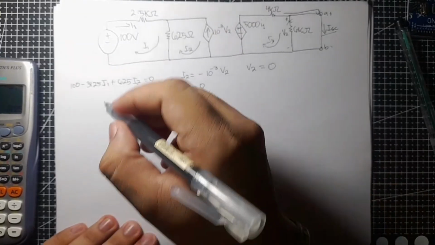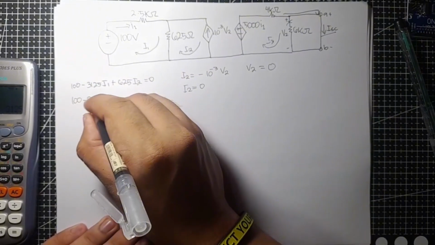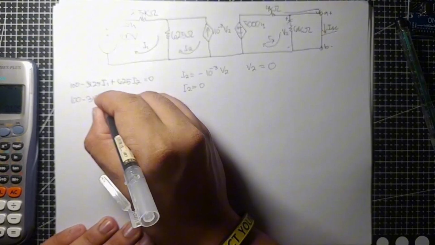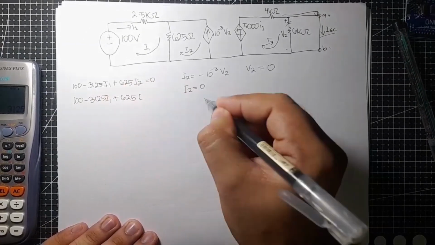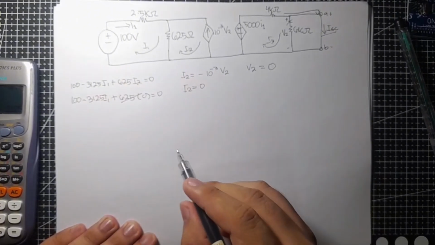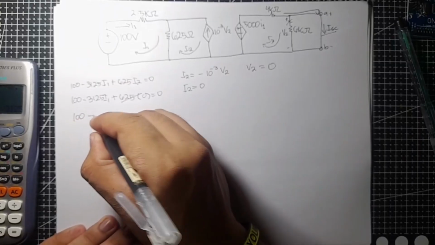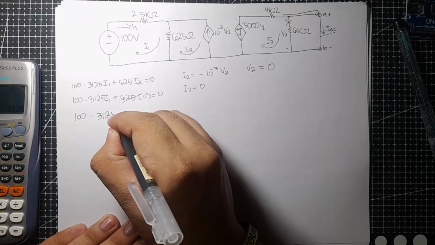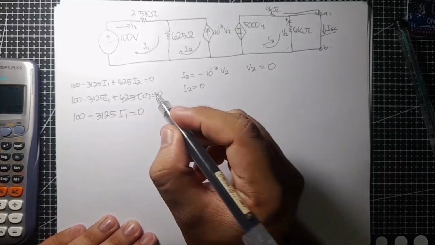Since V2 is equal to 0, I2 will also be equal to 0. So the equation we have will be 100 minus 3125 I1 plus 625 I2, which is 0, is equal to 0. So this will cancel. We will have 100 minus 3125 I1 is equal to 0.